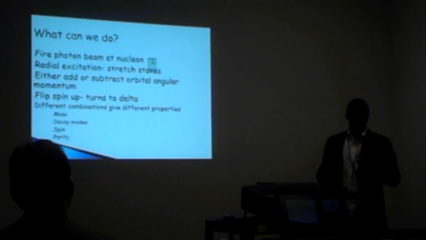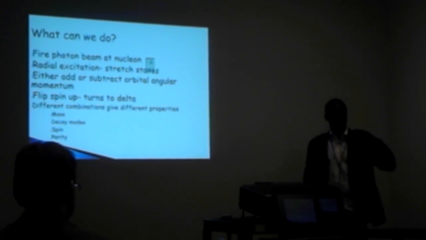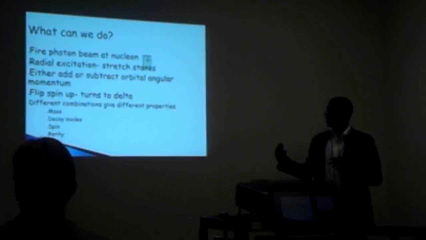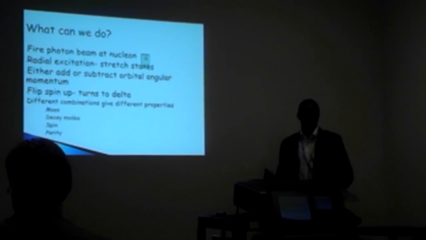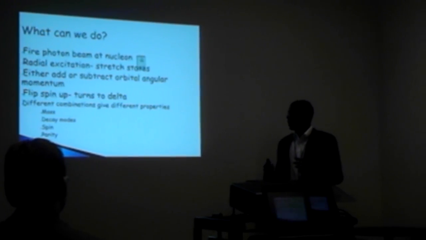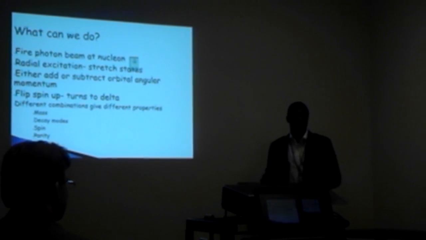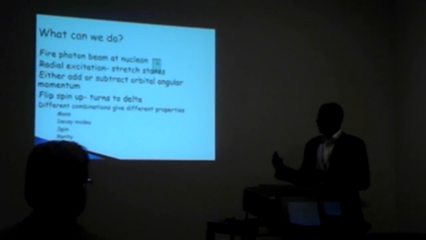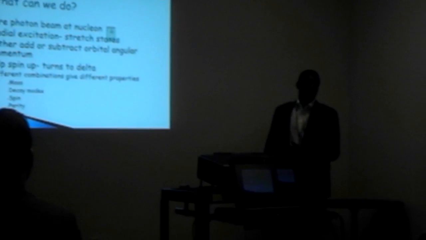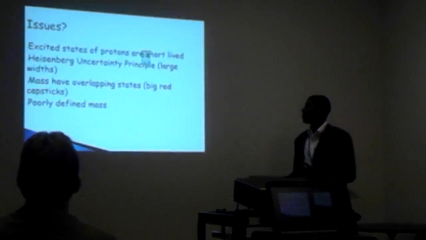We can also manipulate the spin. So based off the spin down, we can have a spin up, which would turn into a delta particle. Now, the different combinations of the properties all have different mass, different decay modes, different spin, and different parity. To elaborate on parity, my colleague is going to speak about that after I get done.